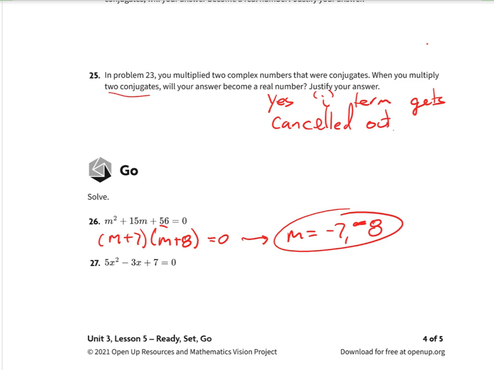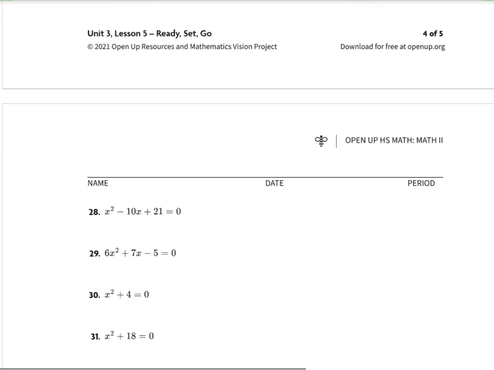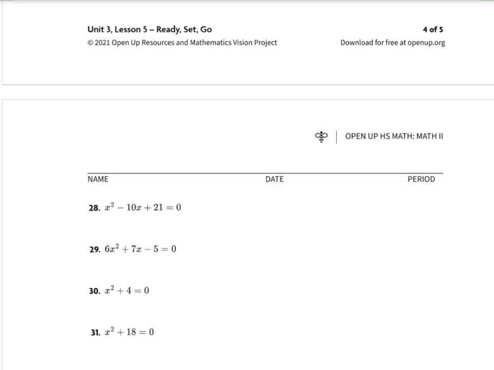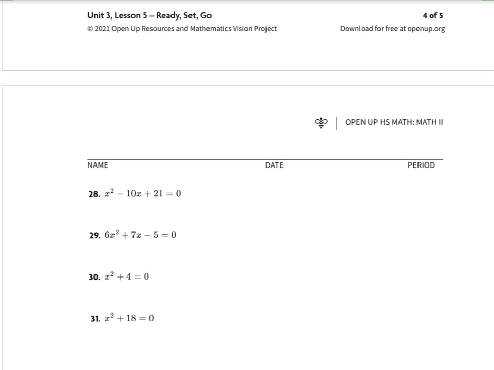All right, that takes us through 26. Now 30 is a problem that up until this section would have been kind of unsolvable. Solving for x, we would get x squared equals -4. And that is going to be a problem, or it was going to be a problem.